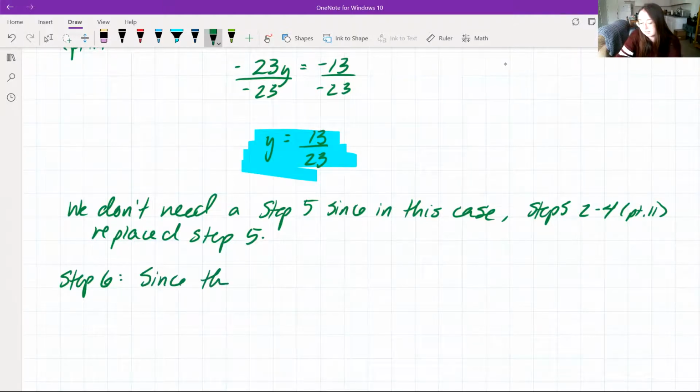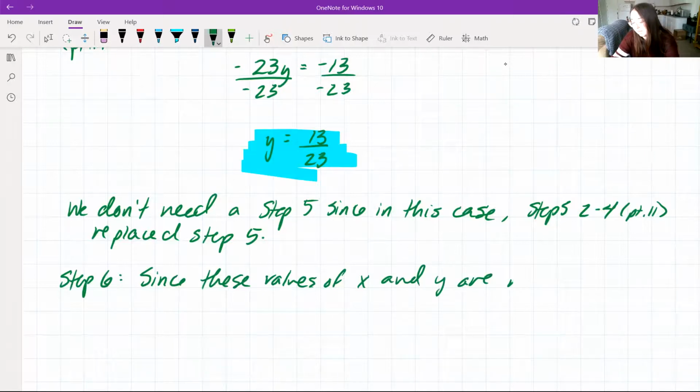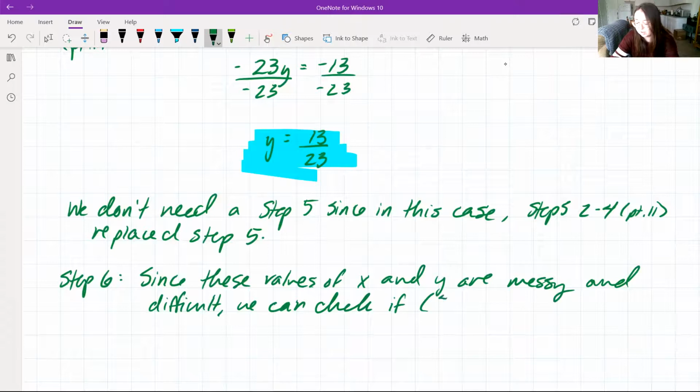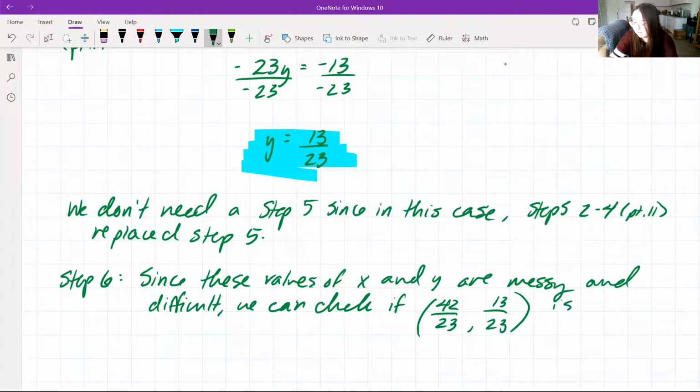But since these values of x and y are messy and difficult, we can check if our solution, which is 42 divided by 23, let's go ahead and write this on another line, 42 over 23 and 13 over 23, is a solution by graphing.